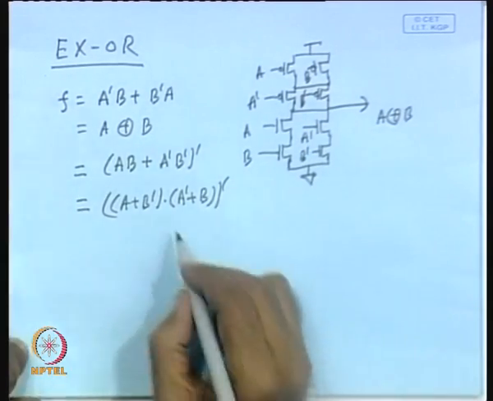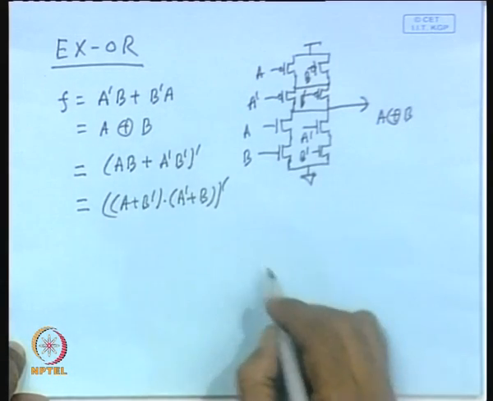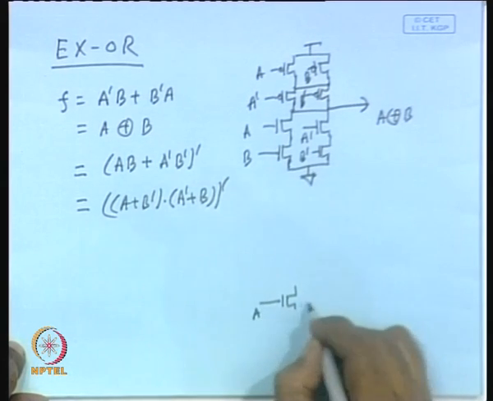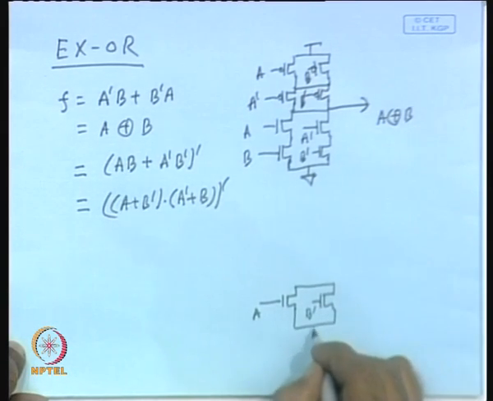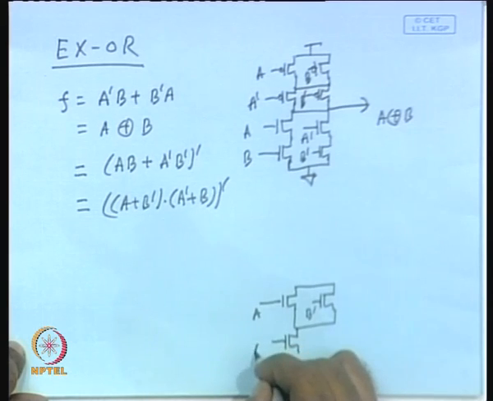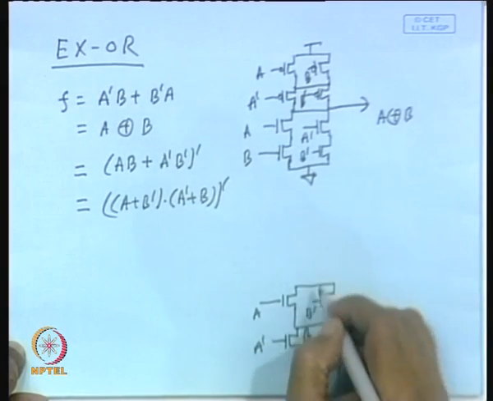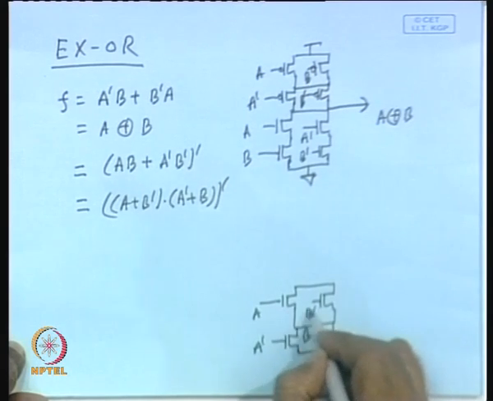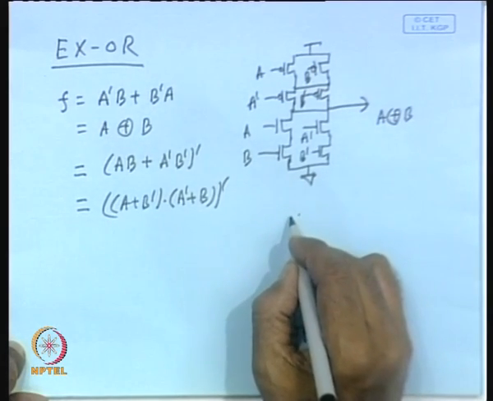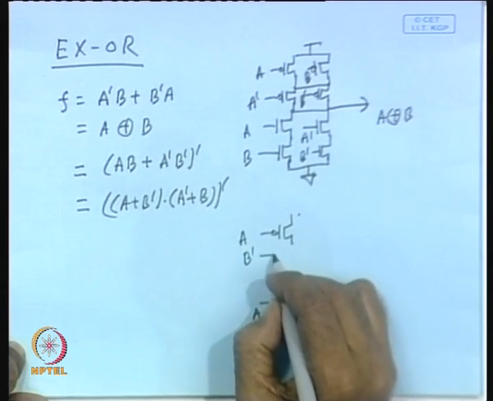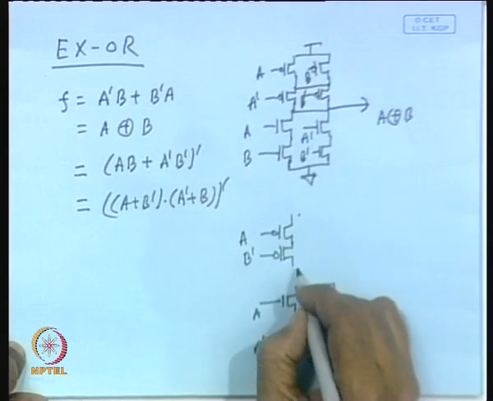You can also realize based on this topology. In that case, you will apply A in parallel with B dash, similarly A dash, B, connected to ground, and the corresponding PMOS network will be A and B bar in series, A, B bar, they will be in series.